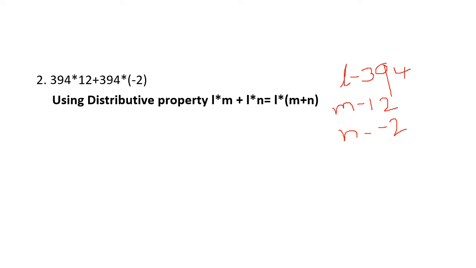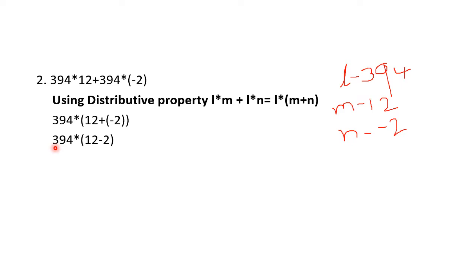If you compare it, it's in the same formula. So in the first term and the second term, 394 is common. So we have taken it out common into 12, plus sign is in between, so plus minus 2. So we have to include this minus. Please children, don't forget this minus.